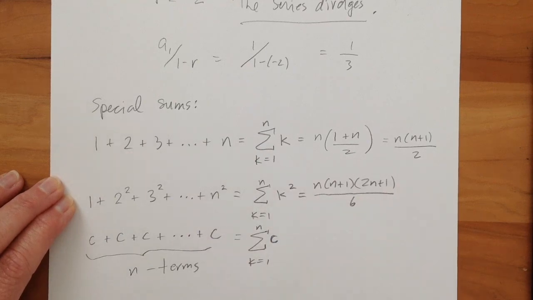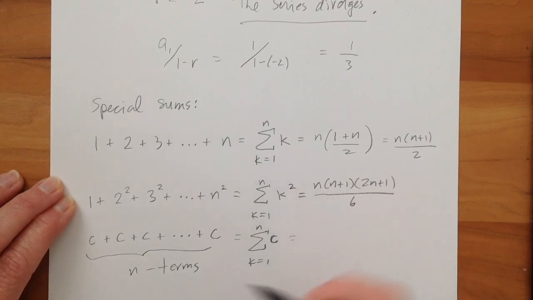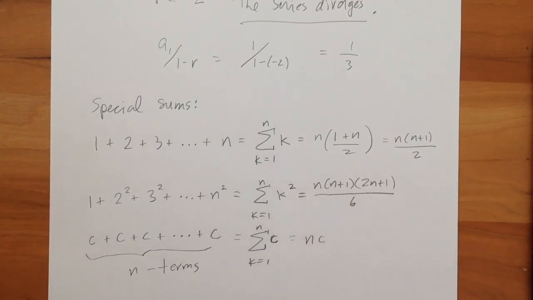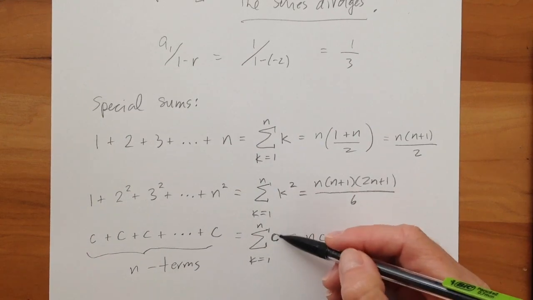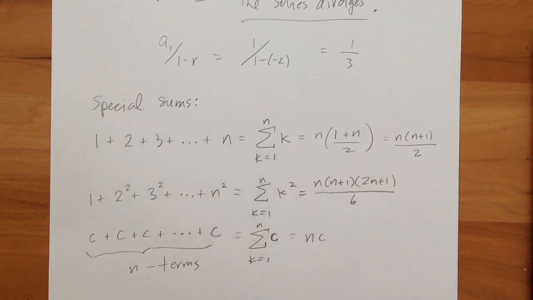So it's the sum from 1 to n of c, and that is c plus c plus c, so that's n times c. A common mistake if somebody sees this summation notation with a constant is that they say it actually equals the constant. It doesn't. It equals the constant times the number of terms you have.